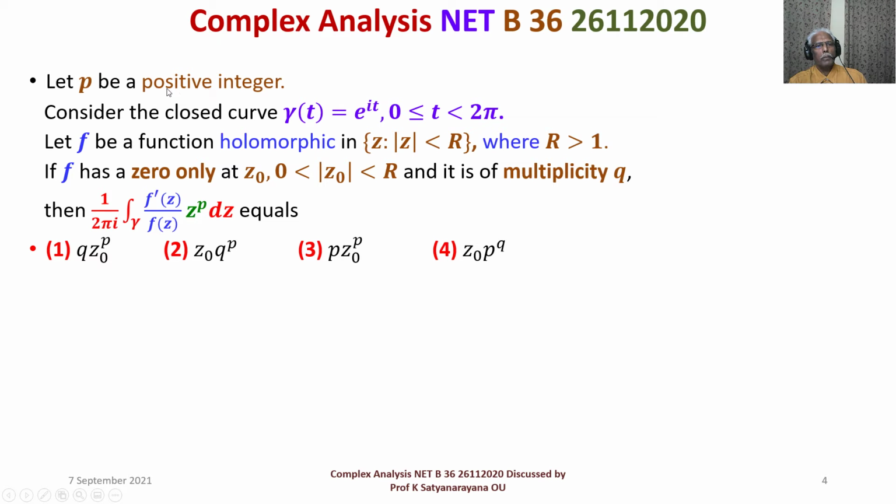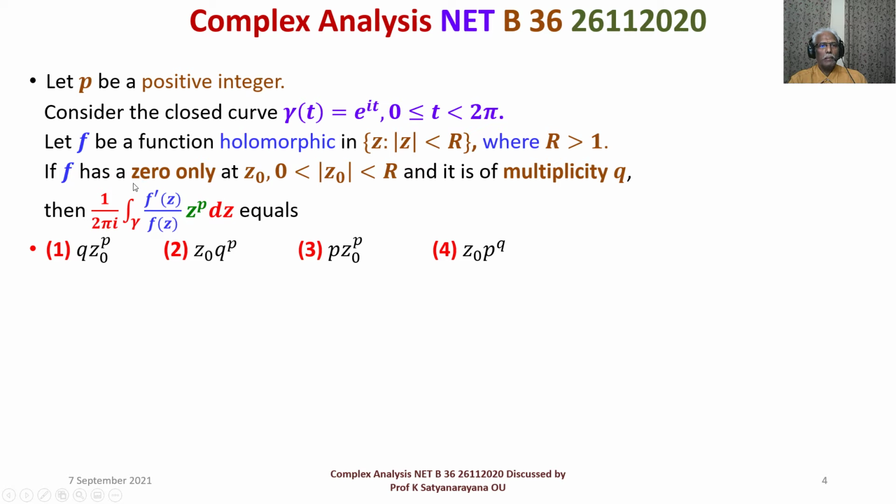We have p a positive integer, and gamma(t) a closed curve given by e^(it), 0 ≤ t < 2π. It is a circle with center 0 and radius 1. Let f be a function holomorphic, which means analytic, regular, in an open disk |z| < R, with center 0 and radius R, where R > 1.